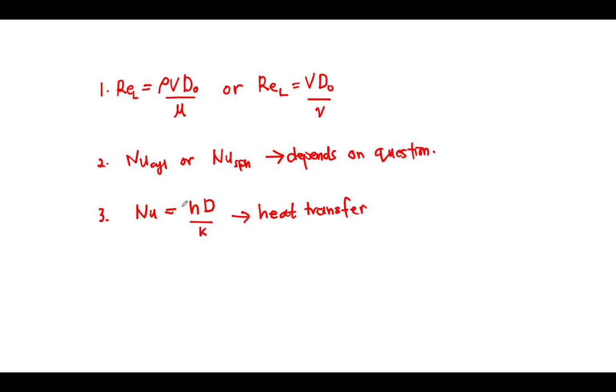After you get the heat transfer coefficient, you can substitute it into the rate of heat transfer, if the question asks you to find the rate of heat transfer. So the steps are simpler than for a flat plate. This is an example of when the question asks you to find the rate of heat transfer.